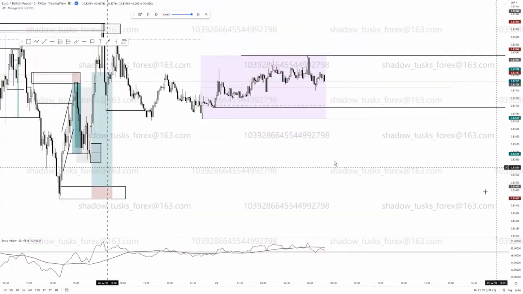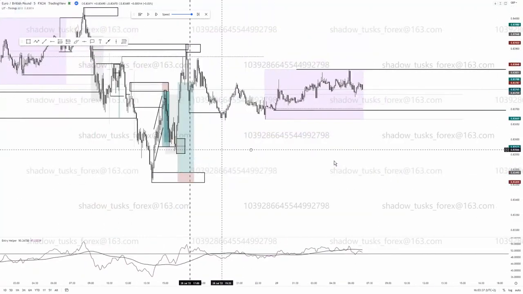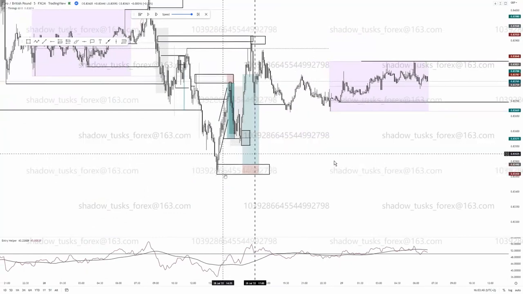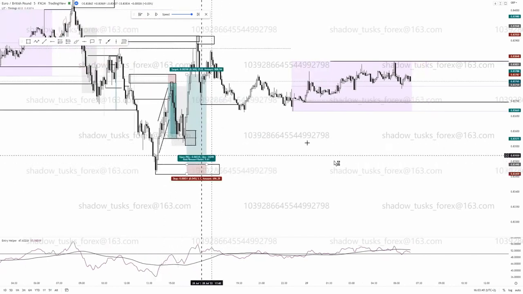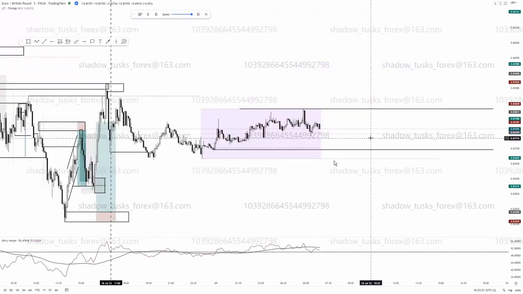Now that we've traded away from this inducement, it wouldn't be wrong to expect that this is the inducement we're trading away from. If I take a trade, what would be fair to expect?